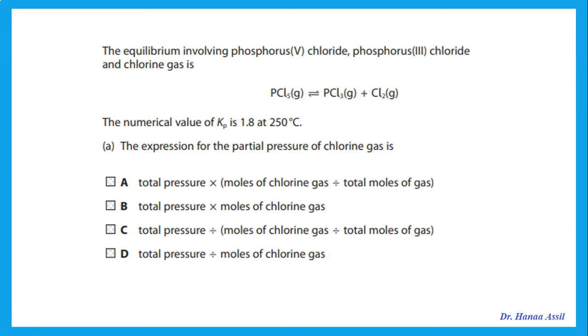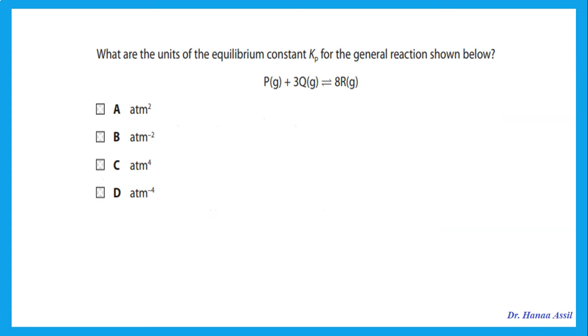We said the partial pressure of something is the total pressure times the mole ratio of that. So the number of moles of chlorine divided by the total number of moles times the total pressure, that will give me the partial pressure of chlorine.